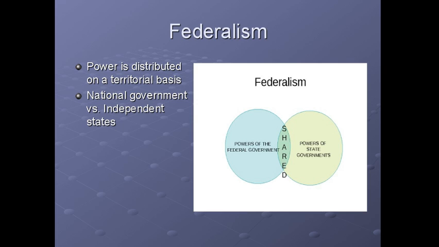For example, when we talk about marriage, specifically the idea of gay marriage, or when we talk about education, in the past we had segregated education. So in those times, the national government stepped in to attempt to override the individual states.